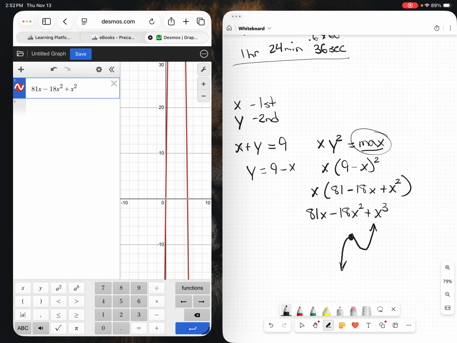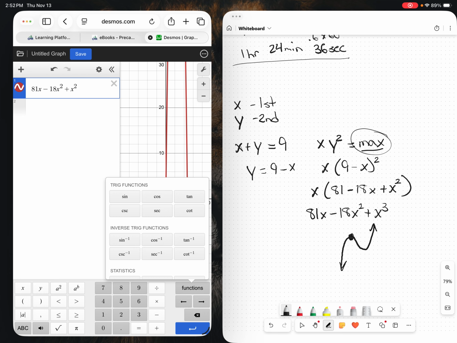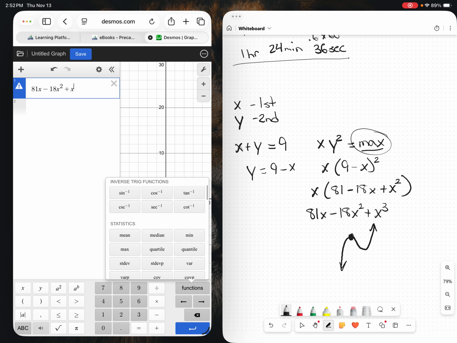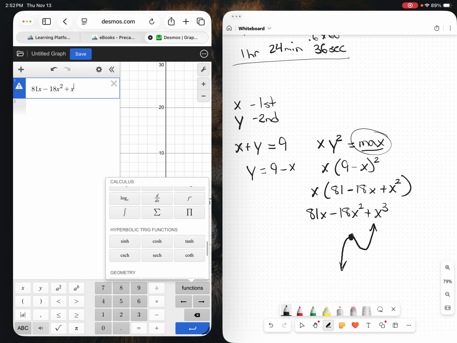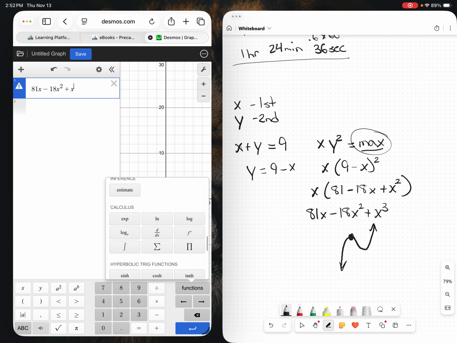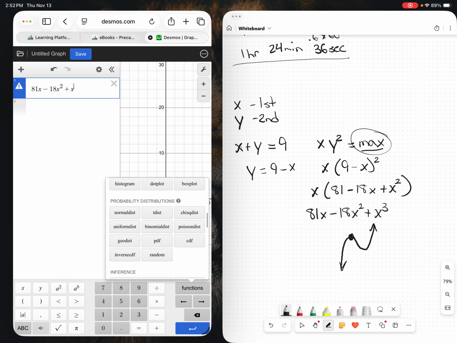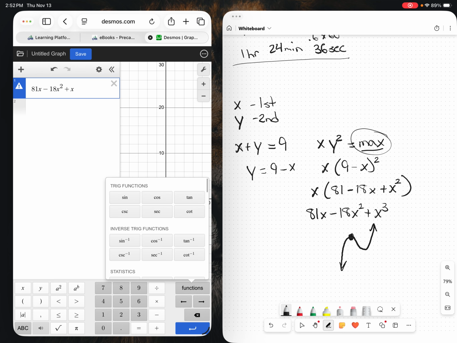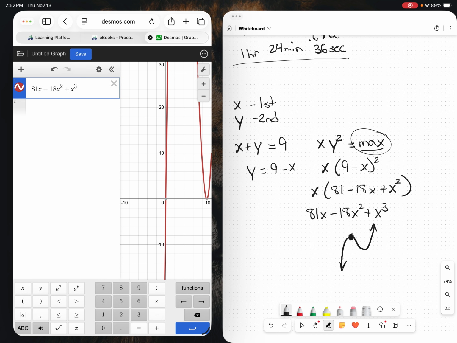Nope, I don't want squared. Gonna have to go to functions. And see if I can find. Oh, sorry, I had it there the whole time.